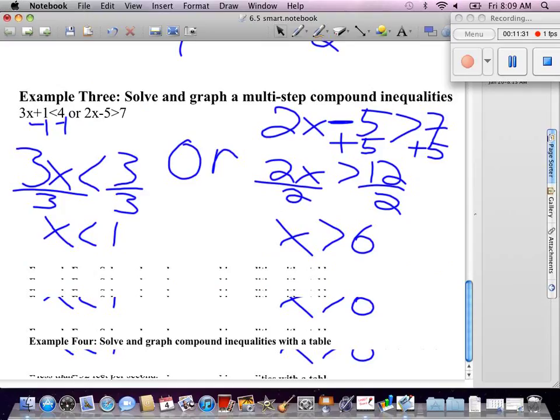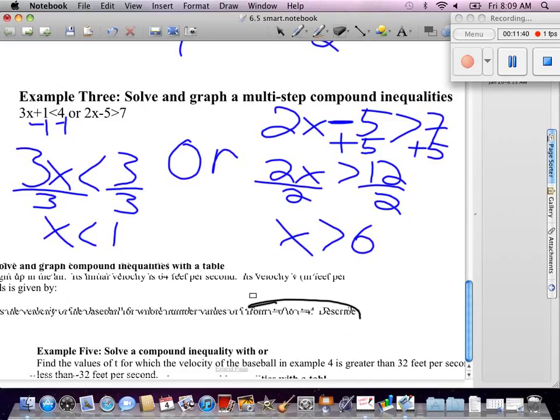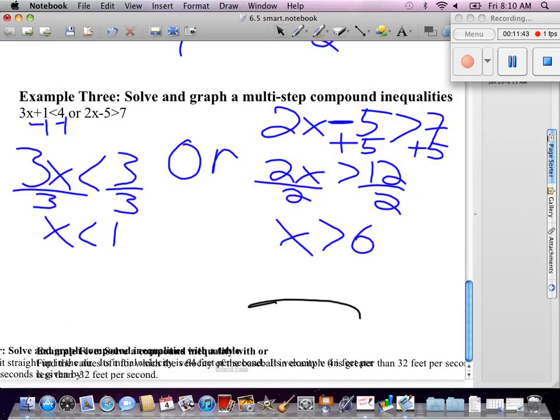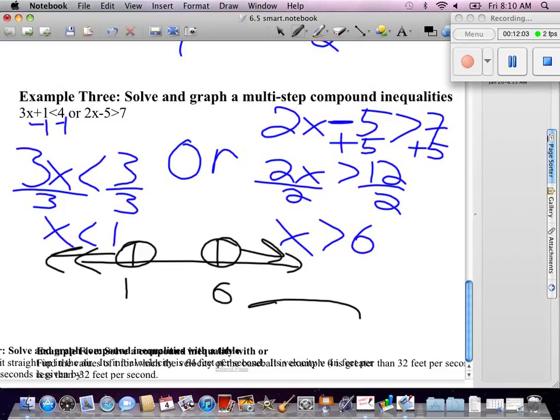So when I graph, I've got 1 and I've got 6. I've got an open circle over 1 and an open circle over 6, and they're pointing away from each other.